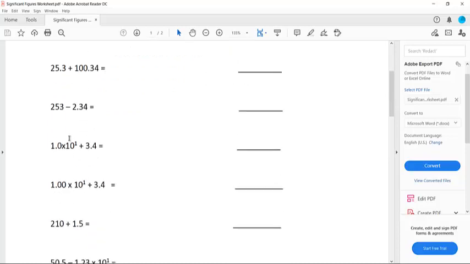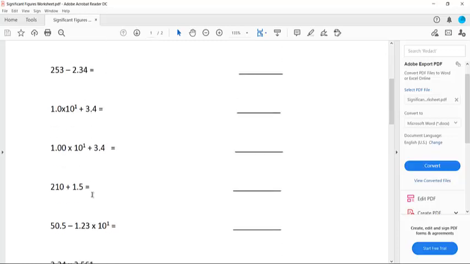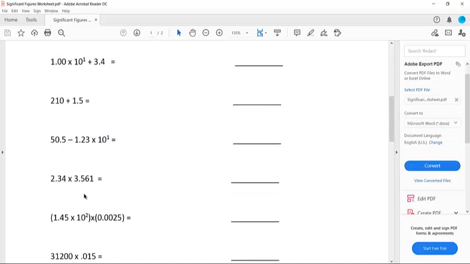Here, there's some ones that are in scientific notation, so you'll want to convert those to non-scientific notation, but paying attention to where the least or the most accurate digit is, and then doing that appropriately. So these are all addition and subtraction. Then when you get to multiplication and division, those are pretty easy.